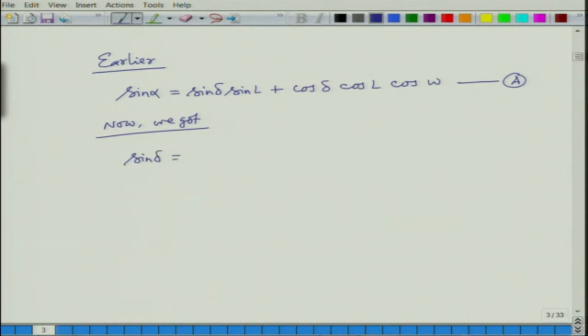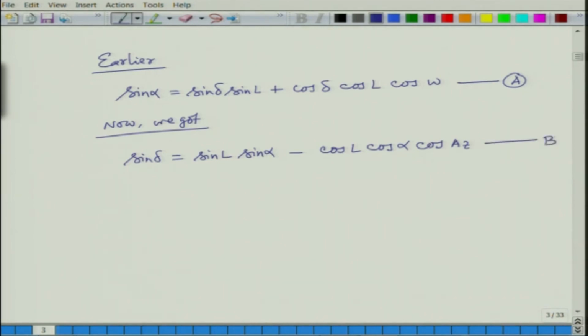Sine declination is equal to sine latitude, sine altitude minus cos latitude, cos altitude and cos of solar azimuth angle.